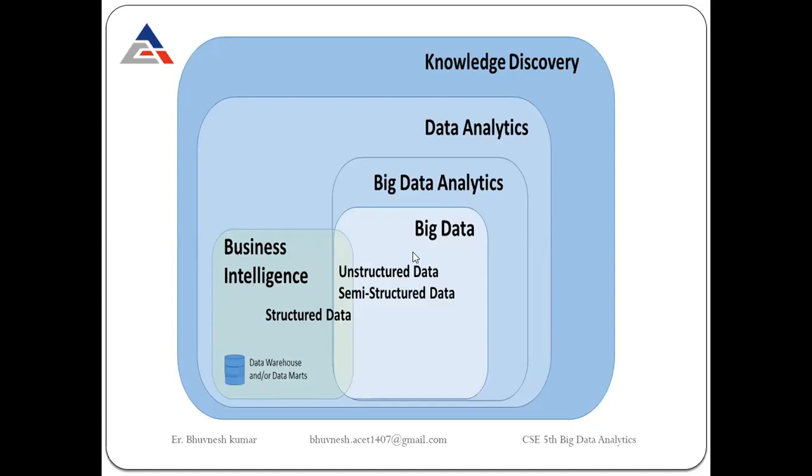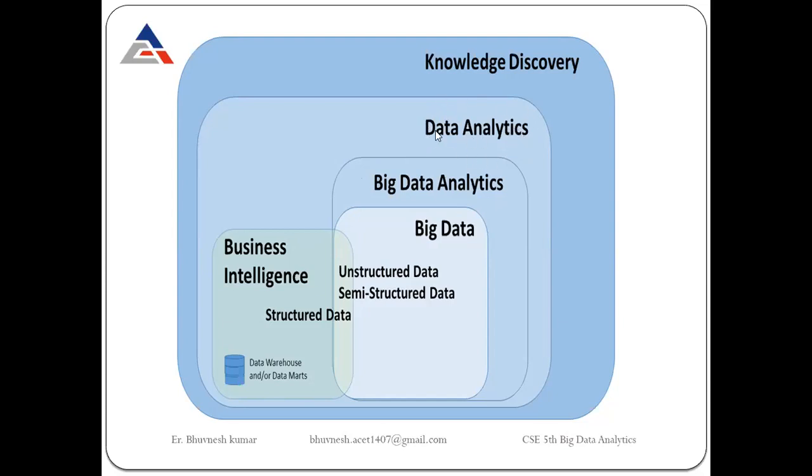But in your big data there is unstructured data also, semi-structured data also, and structured data also. To resolve this big data, there is a big data analytics concept, and on that there is the concept of data analytics, that is data science.